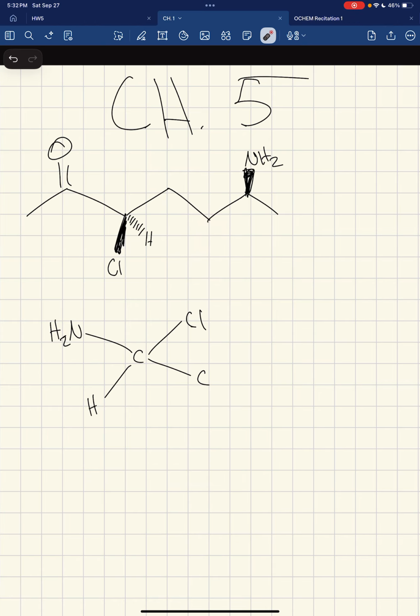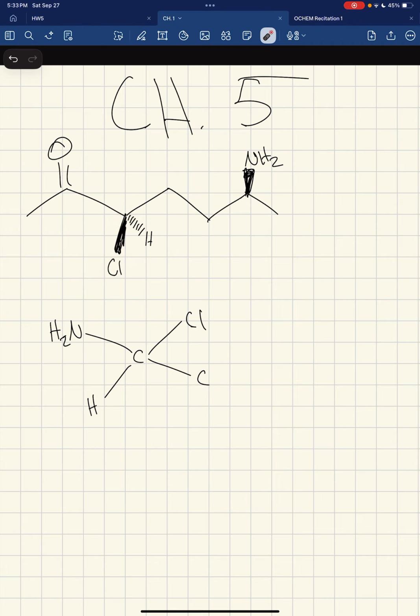Assigning priority is the next part of this. I don't remember all of the rules, but I believe it's basically that higher molecular mass is a higher priority. So looking at this one, you go to the first difference, Cl right there.